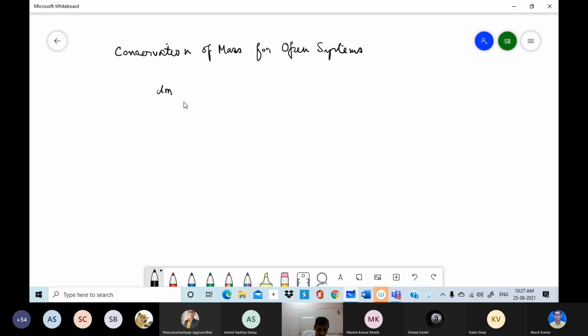Now, if my extensive property is the total mass, the corresponding intensive property would be the mass per unit mass, which is unity.